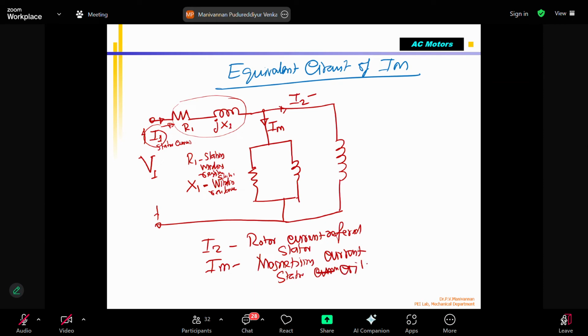Then here you have the voltage. This voltage we call E1. Note down, this is the terminology we are using. E1 is called the air gap voltage.